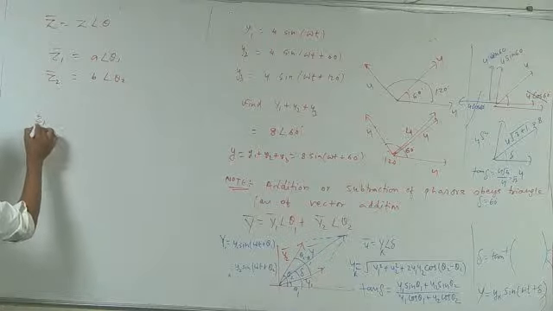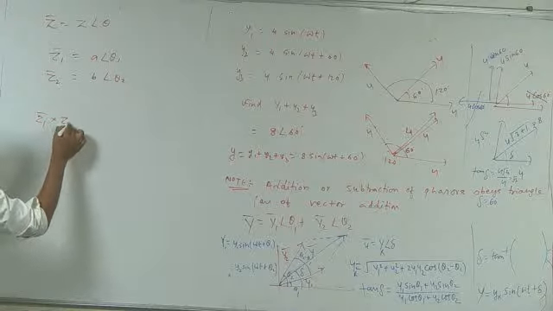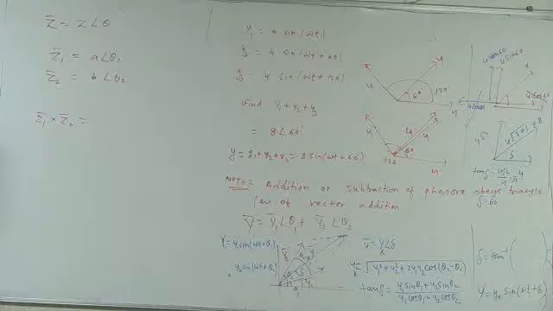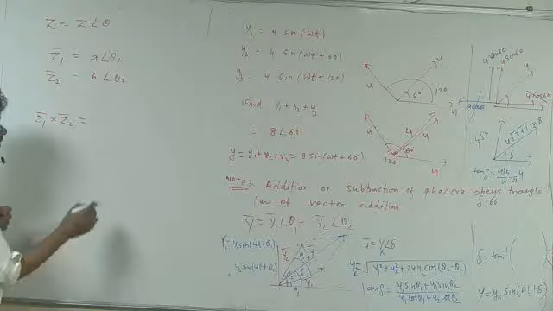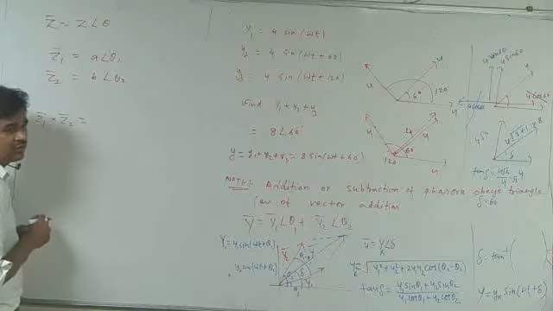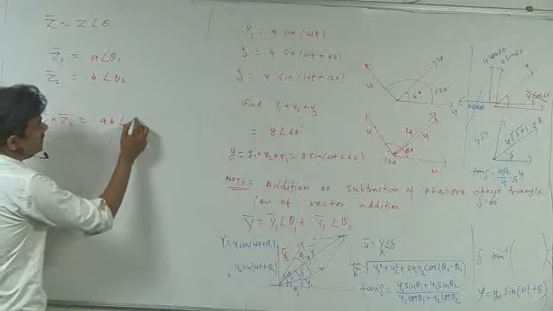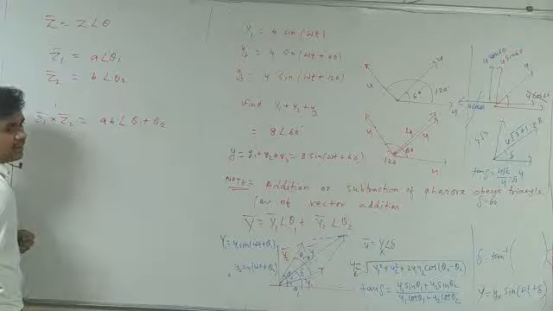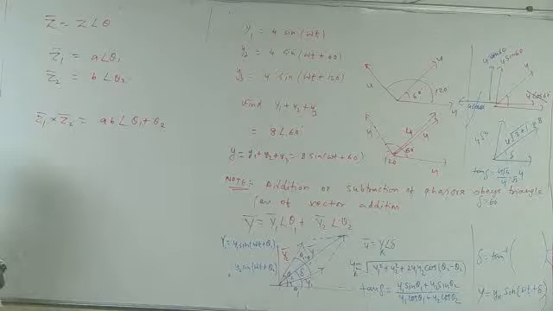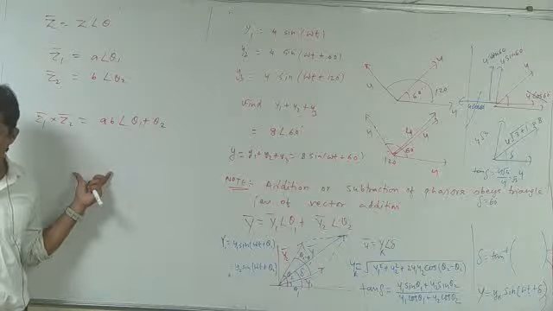So if I write Z1 phasor into Z2 phasor, how do you multiply complex numbers? Sir, we multiply their magnitudes and then we add their arguments. Yes or no? You know this or not?